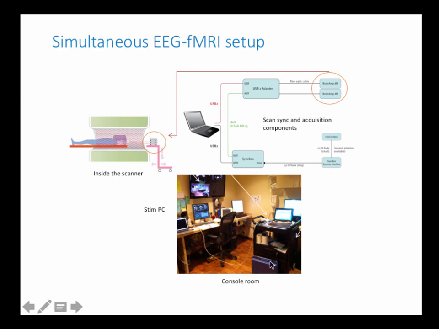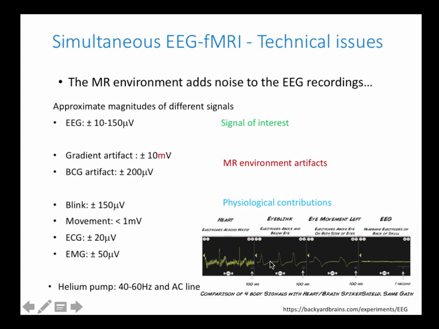And just to explain a little bit why it's more complicated, the signal that you're interested in is on the order of 10 to 150 microvolts. If you put the EEG in the MR environment, you end up with scanner artifacts, one that comes from the scanner imaging gradients itself, which are on the order of millivolts. These are pretty easy to remove because they happen regularly.